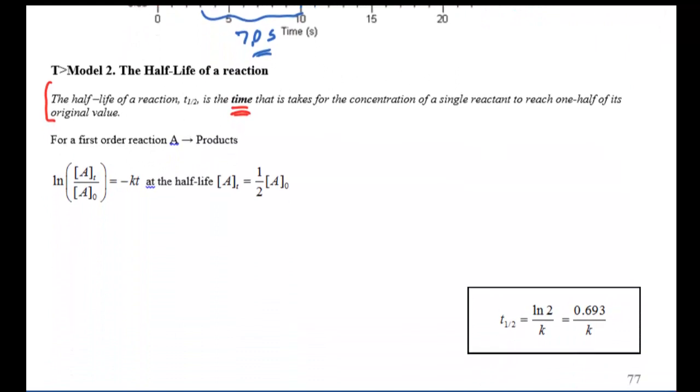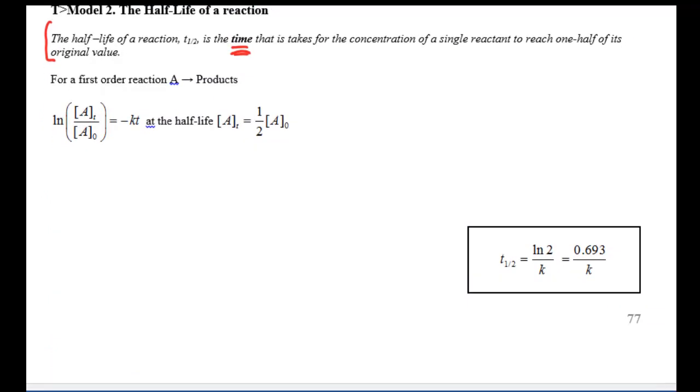Now I'd like for us to look at the equation that describes the half-life for a first-order reaction. I'm going to use a very generic setting. For a first-order reaction, starting with A and going to products, so very simple, A disappearing.